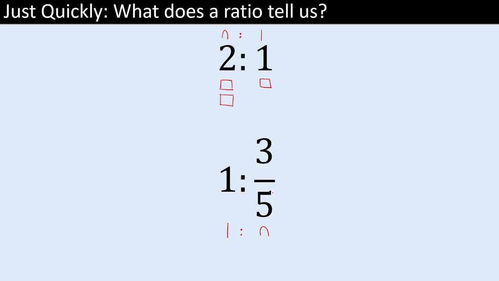You can have fractions in your ratios. It's not often that we would write decimals, especially decimals that are repeating, but we can use fractions in our ratios. So this is telling me that for every one box I have for the left-hand side, I would need 3/5 of a box on the right-hand side.